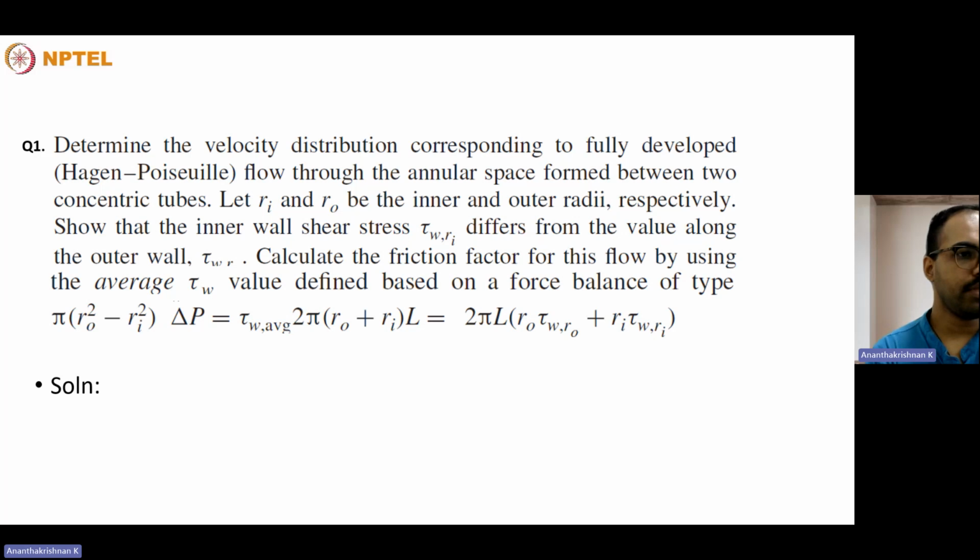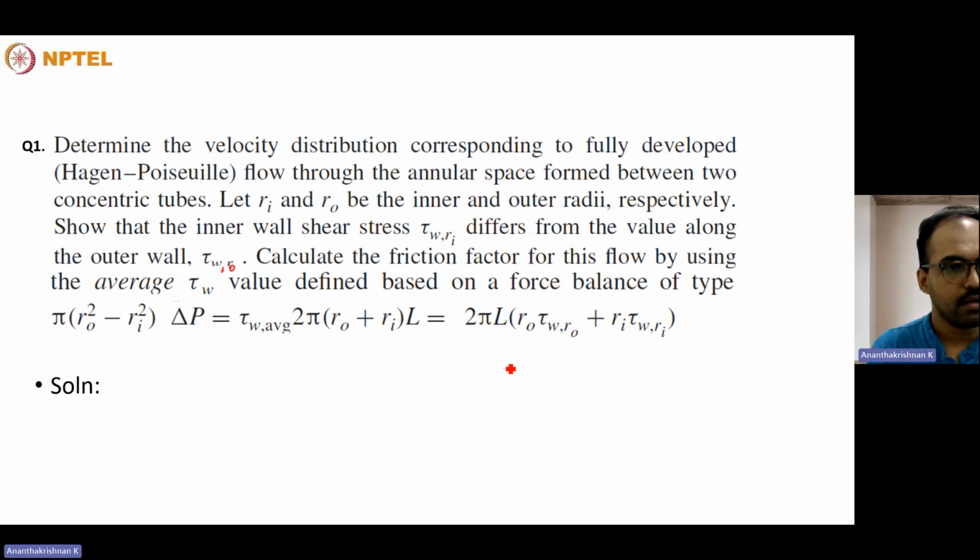Let Ri and Ro be the inner and outer radii respectively. Show that the inner wall shear stress tau Wri differs from the value along the outer wall tau Wro.